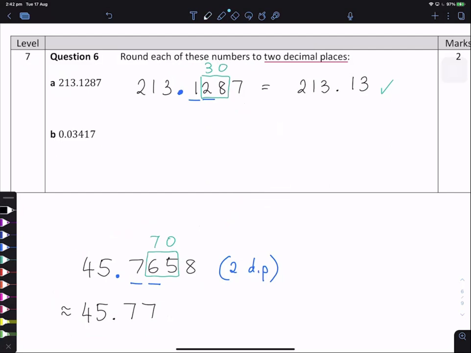Okay, so let's try this one here, 0.03417. 2 decimal places. So here's our decimal point. We take our first 2. What number are we going to draw in a green box? Can you type it in the chat? Which number are we going to draw in the green box? Just the 4?